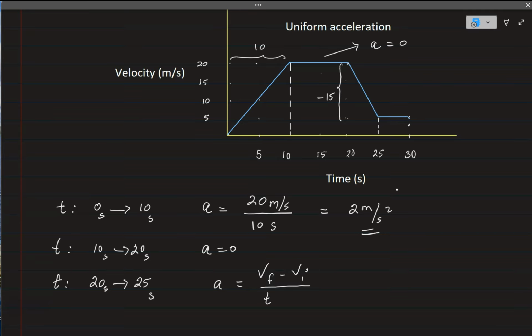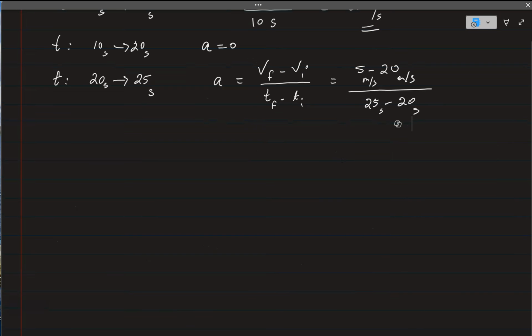the delta t, T final minus T initial. The top part is your v final, which is 5 because that's where we are sitting right there, that's your 5 right there. So we should say 5 minus 20, what you start up with, this is meters per second, divided by the timeline of 25 minus 20 seconds, and then you do the math, you'll end up getting negative 15 meters per second divided by 5 seconds, and that will give us negative 3 meters per second squared.